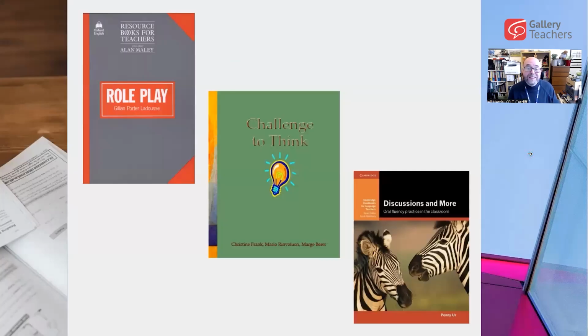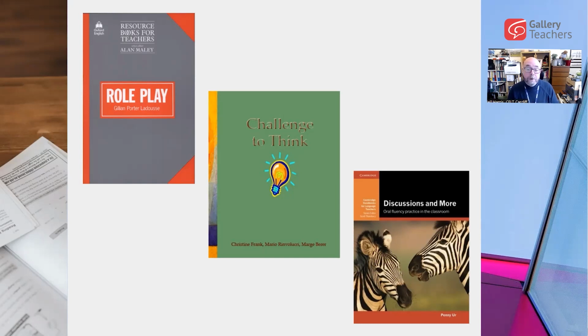So over the years, now I've been teaching since the early 1990s, so some of these books probably reflect my age as a teacher. Gillian Porter Ladousse's book on role play, Christine Frank, Mario Rinvolucri, and Marga Berer. I hope that's a correct pronunciation. They're wonderful books, Challenge to Think.